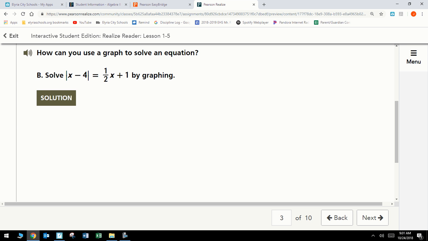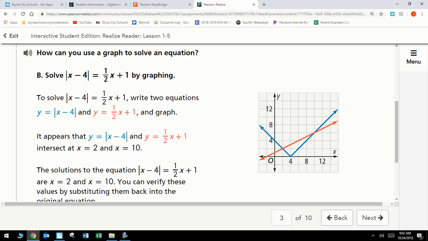So, if I see an equation like this, I have the absolute value of x minus 4 equals 1/2 x plus 1. That one could be solved algebraically, but with some difficulty. So what we would do to solve this with graphing is you just graph both sides of the equal sign as an equation.